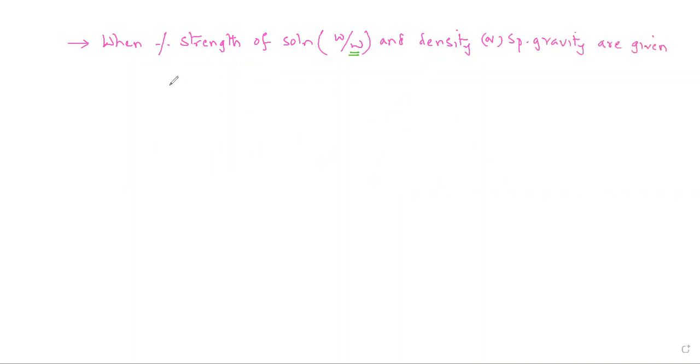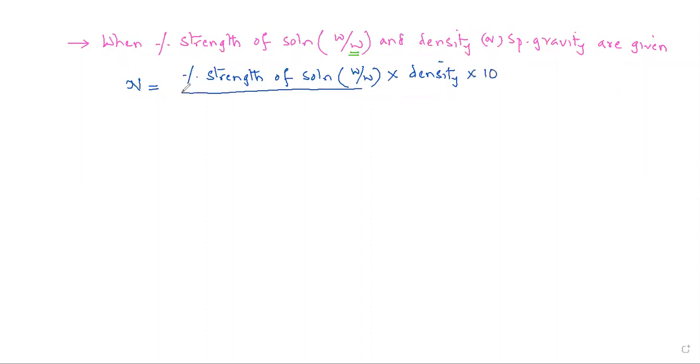In this case, normality can be calculated as percentage strength of the solution, very important, to be taken in weight by weight, into density or specific gravity into 10 by the gram equivalent weight of the solute. Okay.